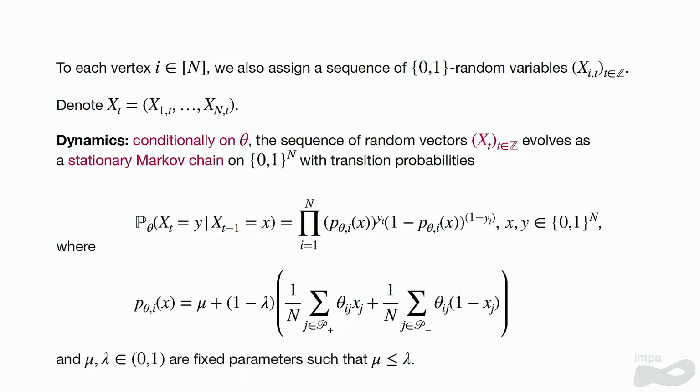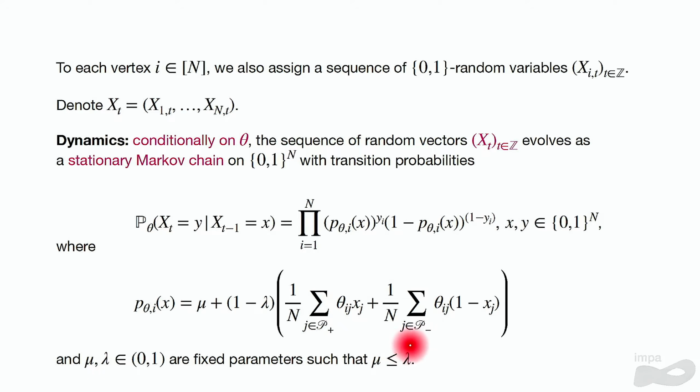And then, I fix vertex i, and to compute the probability of sending a signal at the next time unit, it computes an average over all the neighbors that are in P plus, okay? I compute the average of ones, of signals sent in the previous time unit by all the neighbors which are in P plus, so this is the first term.